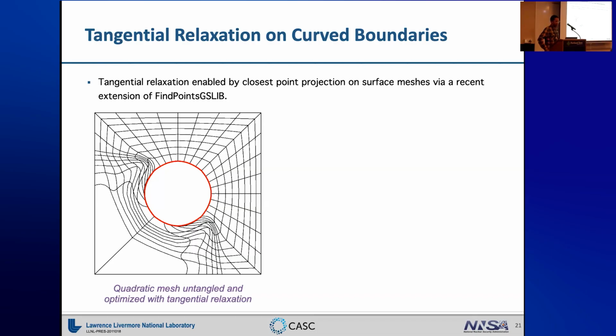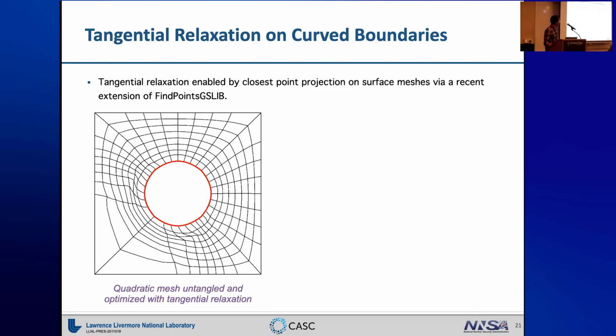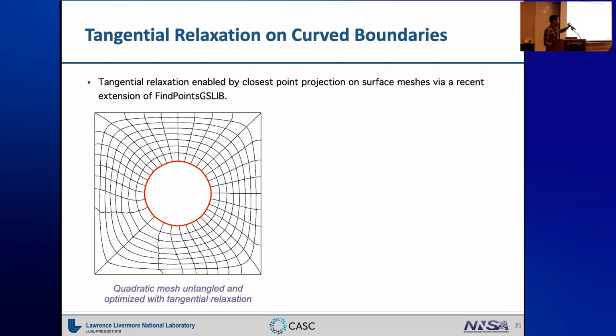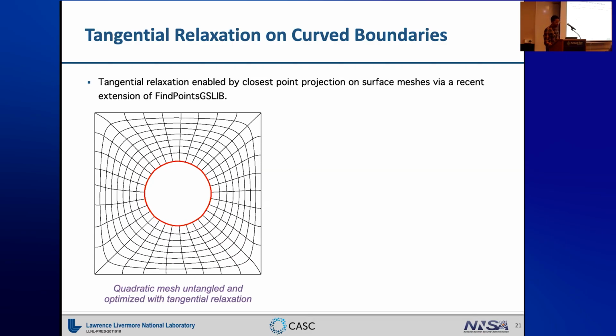But thanks to a capability we developed with Aditya Parekh, who was an intern here last summer, which is find points for surface meshes, we can now allow the mesh nodes on curved boundaries to move, but then do exact projection on the original surface so that you maintain your geometric integrity, and we don't introduce errors. So you'll see in an animation, the first snapshot shows the mesh untangling, and then we smooth it, right?